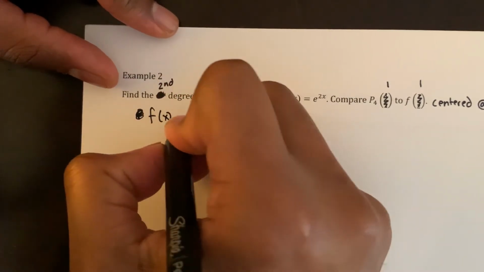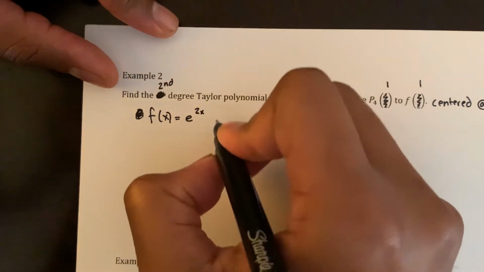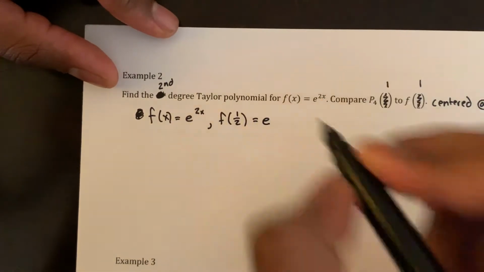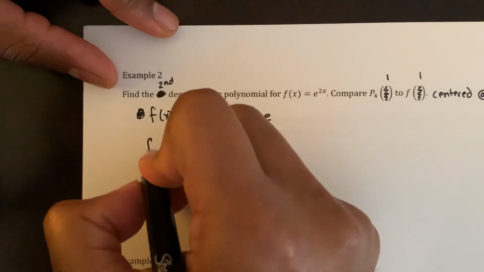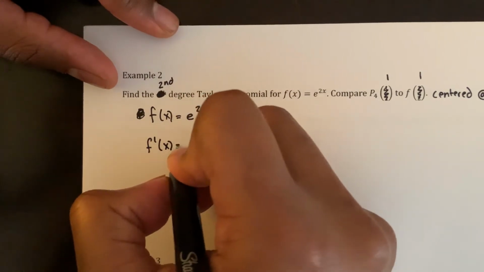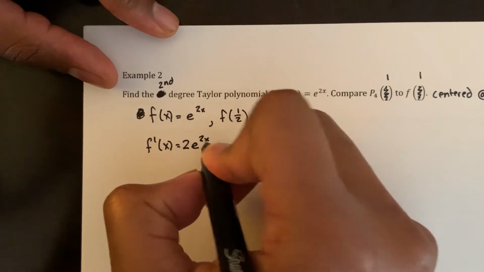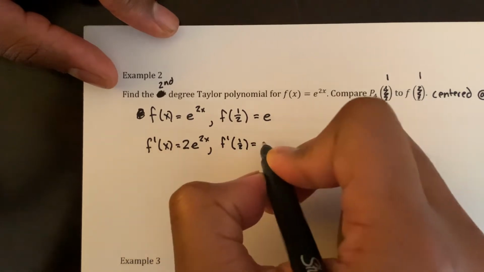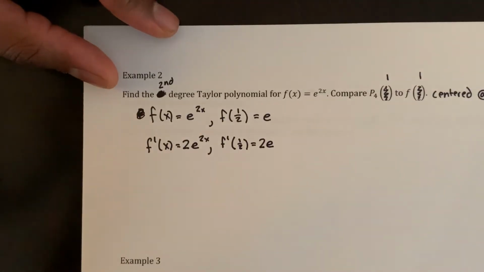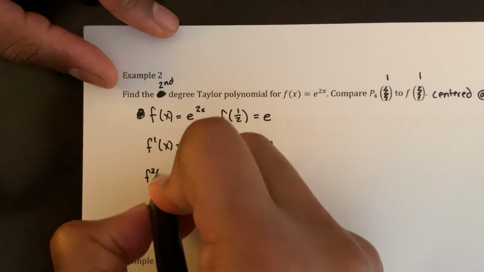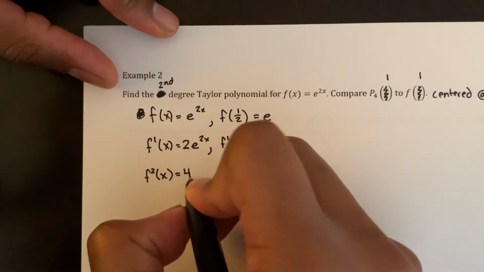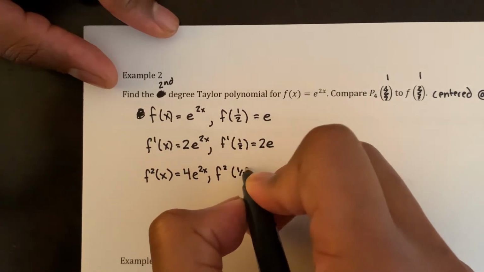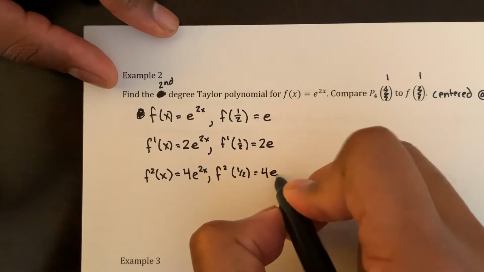So f of x is e to the 2x, and f of a half is equal to just e. f prime of x is 2e to the 2x, and f prime of a half is 2e. And then the second derivative is 4e to the 2x, so f double prime of a half is 4e.